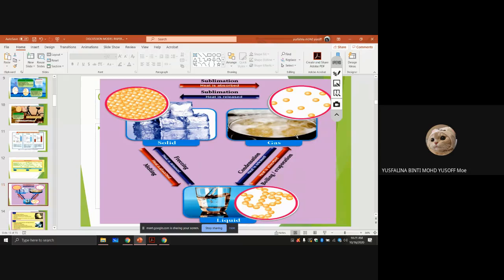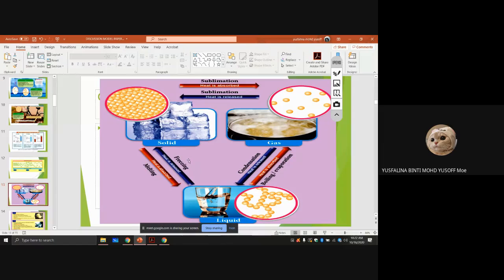And then from solid to gas, we call it sublimation.